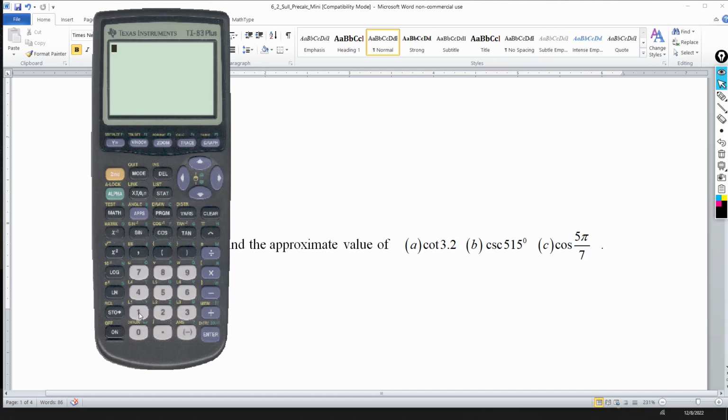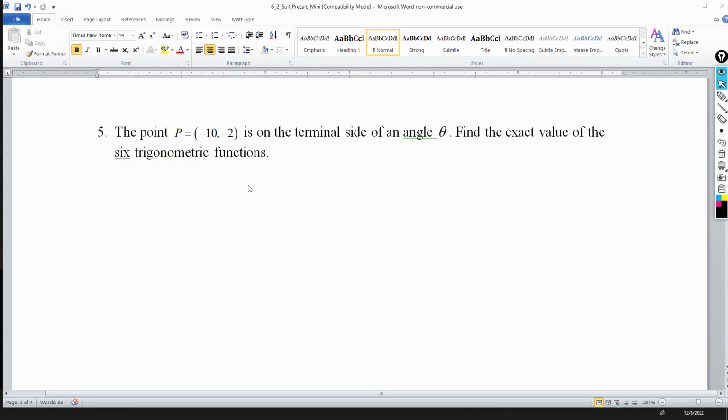So I'll just do it over here just to shorten it a little bit. 1 divided by the sine of 515. And again, calculator set to degrees here. So this 515 here is in degrees. Hit enter. So I get 2.36620 and so on. You can round this off accordingly. That's your answer. Now the next one.